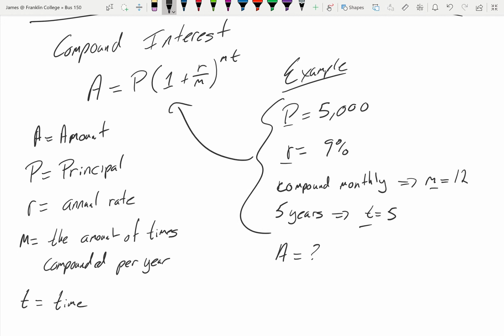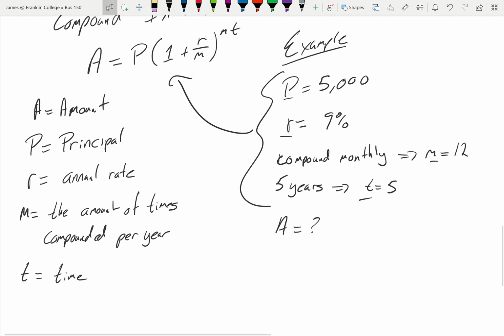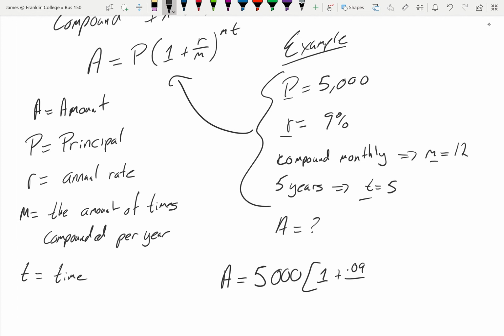and we're going to plug it into this equation. Alright, so we're going to have A equals 5,000 times 1 plus 0.09 divided by 12, all raised to the 12 times 5. So all I did was plug in the values that we have for P, R, M, and T into the equation.